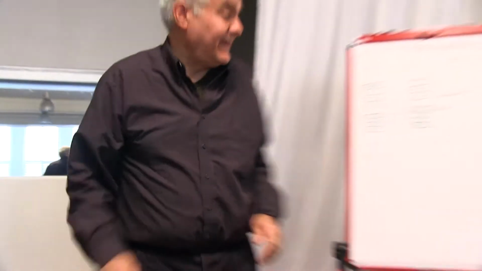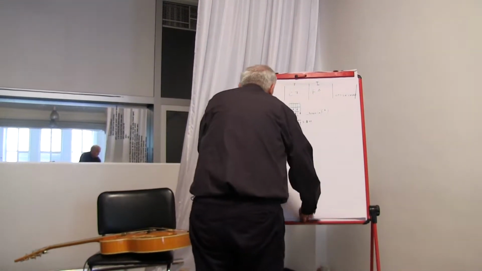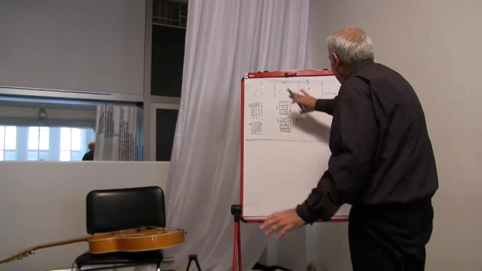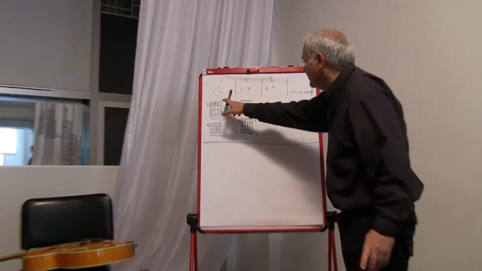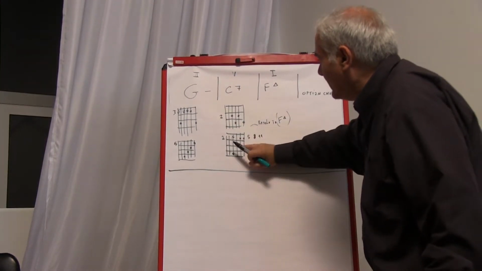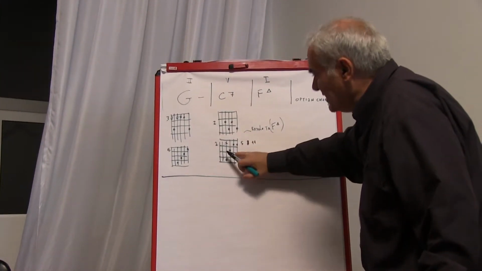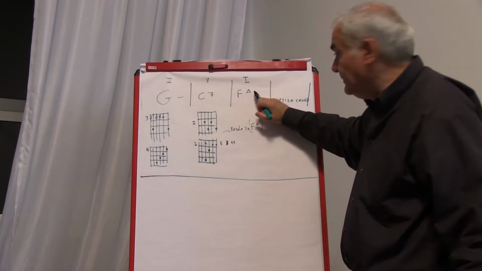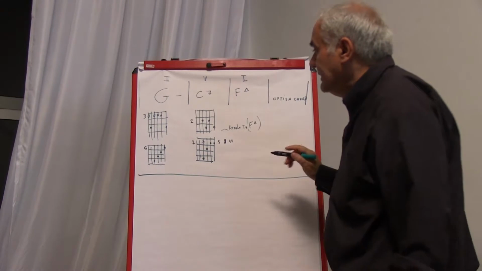So now we make another way to go to F. That is the first way: you play G minor, then one arpeggio or this, this is better, and then you try to resolve to F. First way. Second way.